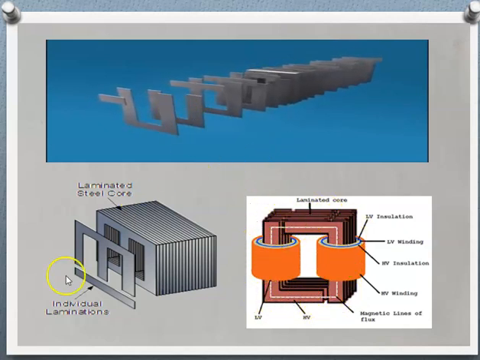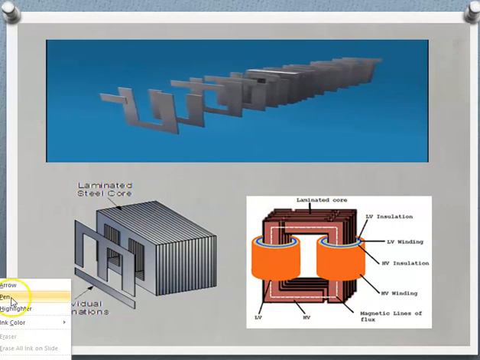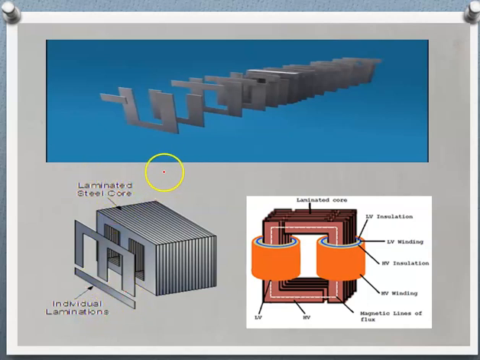This is not a single solid core. It is made up of a number of laminations. These are individual laminations, and this is required to reduce the eddy current loss. What is meant by eddy current?